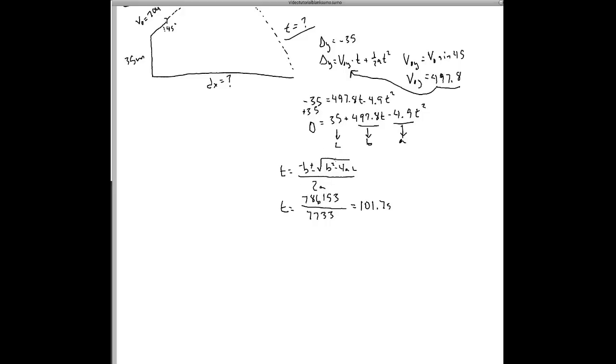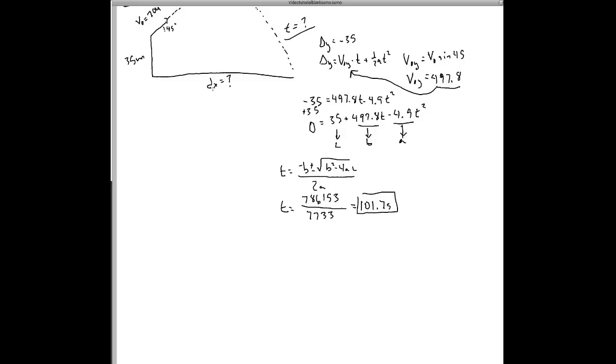What you have to do is figure out what's inside this radical first. Do the top part first, doing plus, and then divide by 2a, and then do the top part minus, and then divide by 2a. You can't do this divided by 2a plus this. You'll get the wrong answer. So you should get 101.7. So that's the total hang time of my bullet.